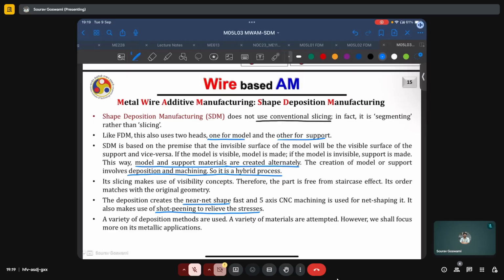This shot peening is a very useful strategy, and a variety of deposition methods are used. A variety of materials have been attempted. Our focus though will be on the metallic materials.